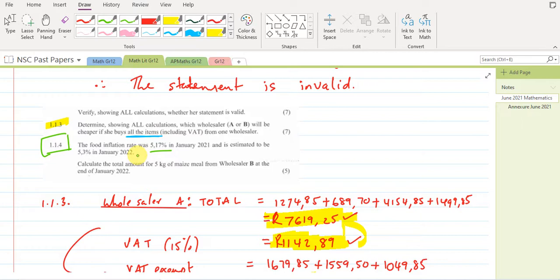It is estimated to be 5.3% in January 2022. Calculate the total amount for 5 kg maize meal from wholesaler B at the end of January 2022.